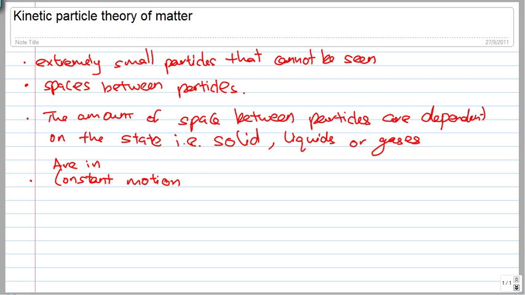Let's go to the next page. In the model of a solid, the particles will be packed closely together. This is a two-dimensional view of how the particles in a solid will look.